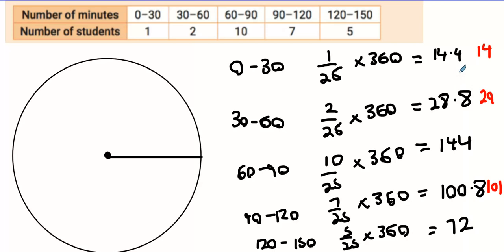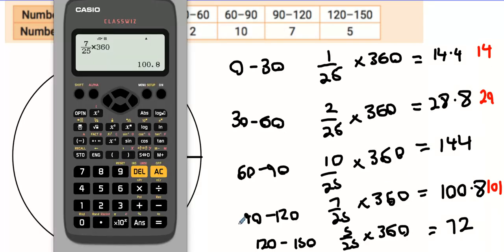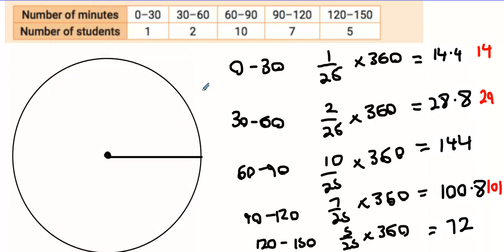Let's add them all up and see if it works out. 14 plus 29 plus 144 plus 101 plus 72. It has to add up to 360, doesn't it? And it does actually add up to 360. We're okay.